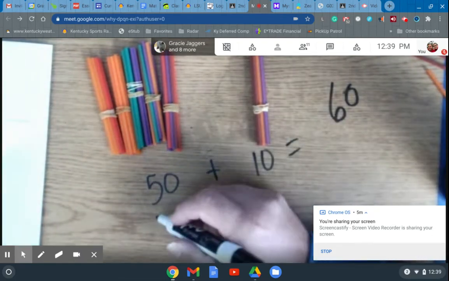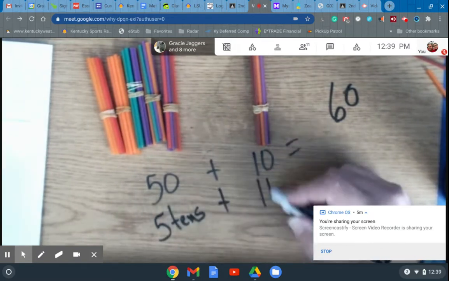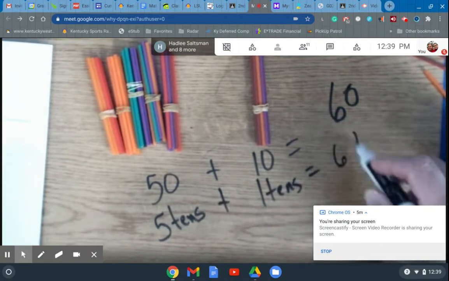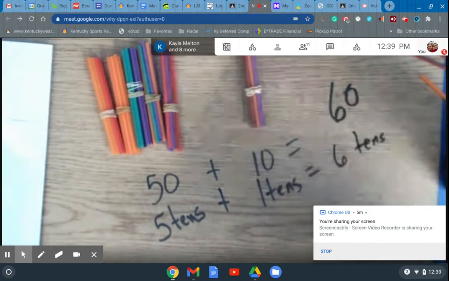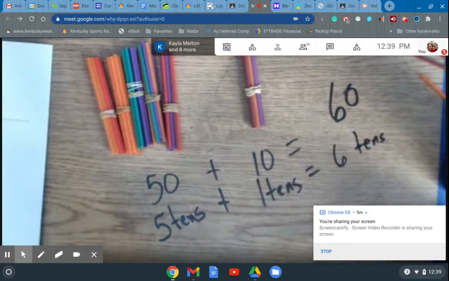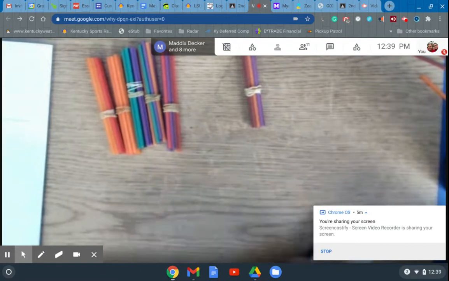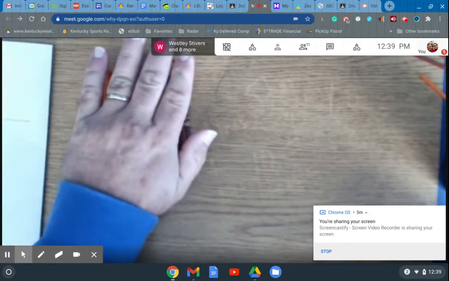I could also write it as 5 tens plus 1 ten equals 6 tens. We're doing great here. So I'm going to put those together.